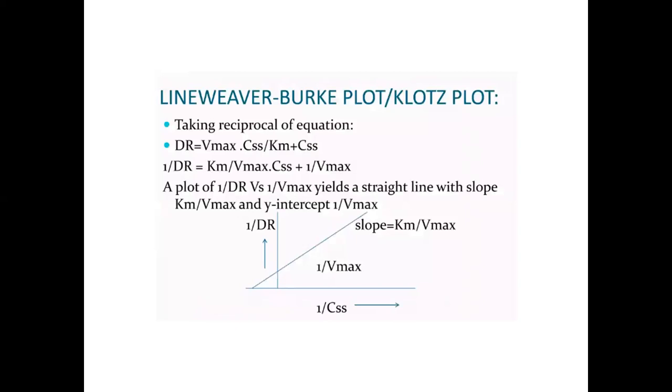Using the Michaelis-Menten equation, we can plot different plots, like the Lineweaver-Burk plot, also called the Clarge plot. It is plotted by taking the reciprocal of the Michaelis-Menten equation, that is, Dr = Vmax × Css / (Km + Css). If you take 1/Css on the x-axis and 1/Dr on the y-axis, then the slope is equal to Km/Vmax.